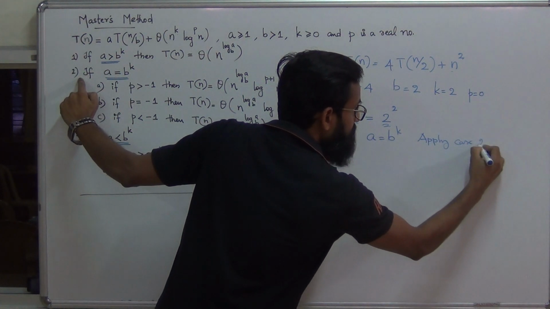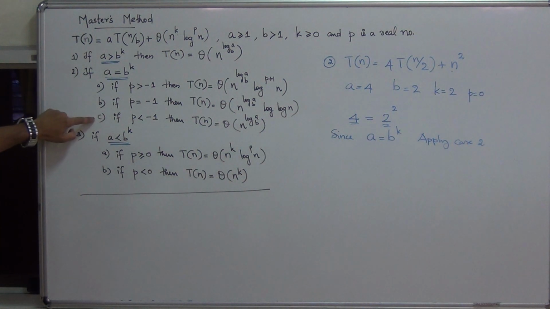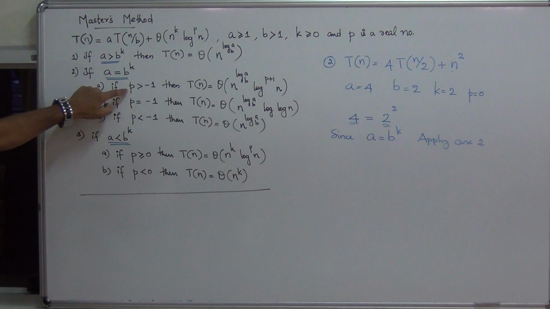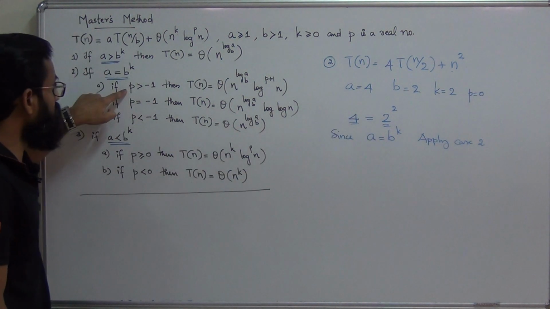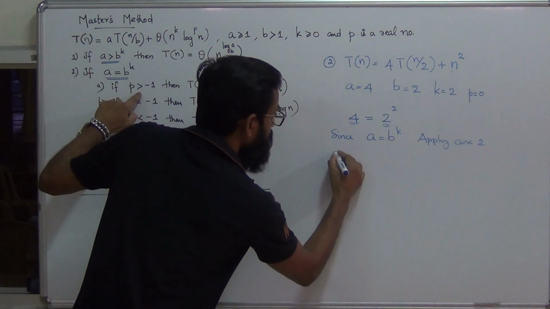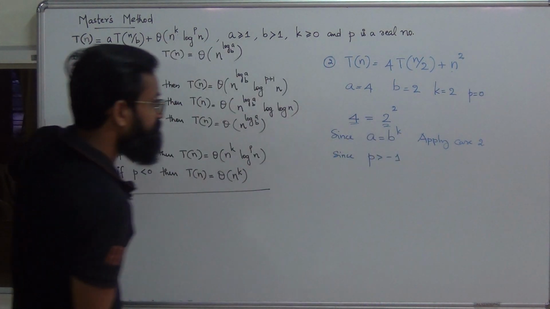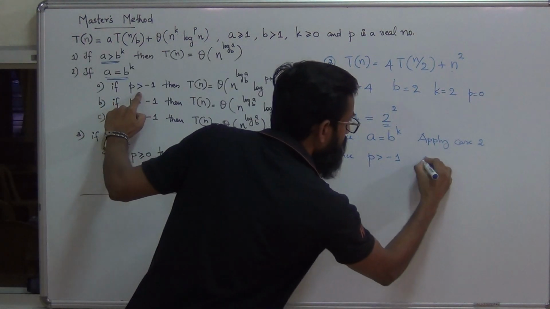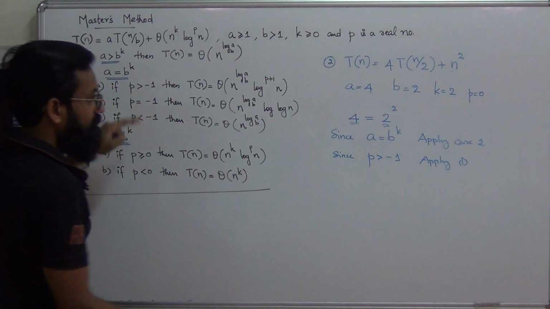When you move to case 2, you have three subcases which depend on the value of p. We have p equal to 0, that is p is greater than -1. Since p is greater than -1, apply subcase A.